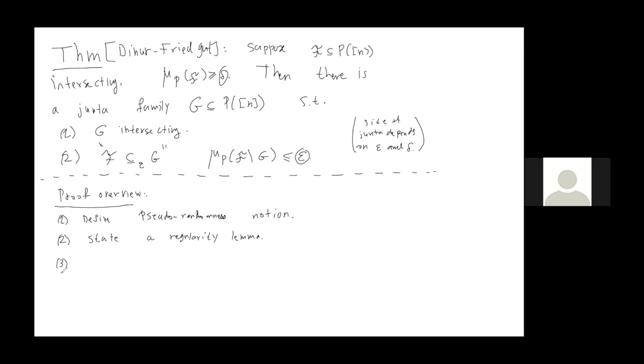Then, roughly speaking, we will show that pseudo-random families cannot be intersecting. From these three ingredients, we'll show the proof. So these are the three ingredients of the proof.